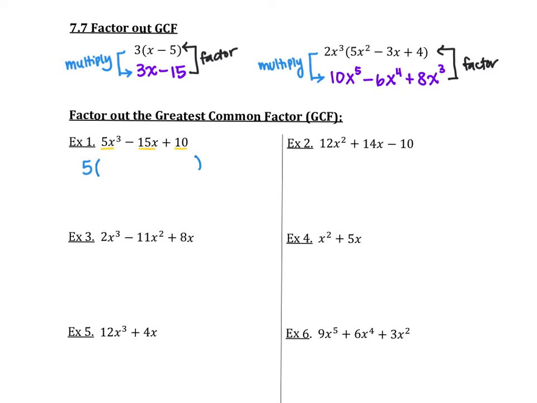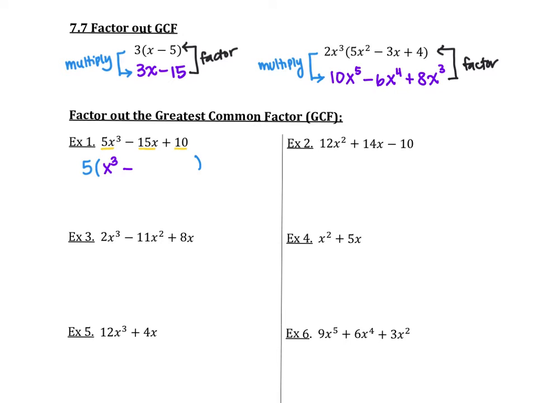Okay, now I'm going to do the opposite of distributing. I'm going to think about what did I multiply this by so that I got this as the answer. So 5 times something to get 5x to the third. That would have to be 5 times x to the third would give me 5x to the third. I'm going to bring down the minus sign. 5 times something would give me 15x.